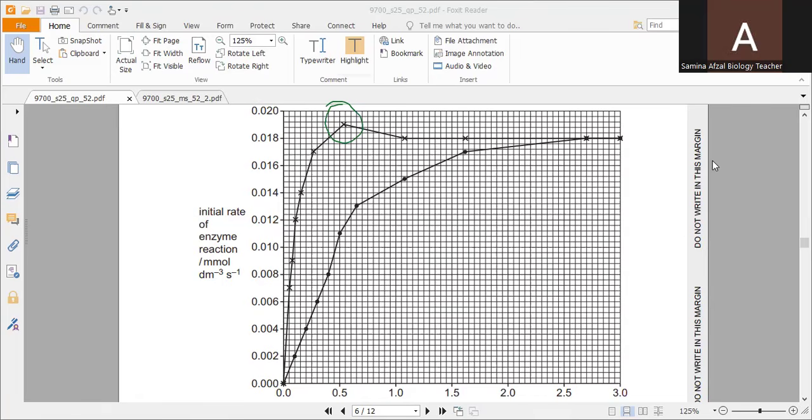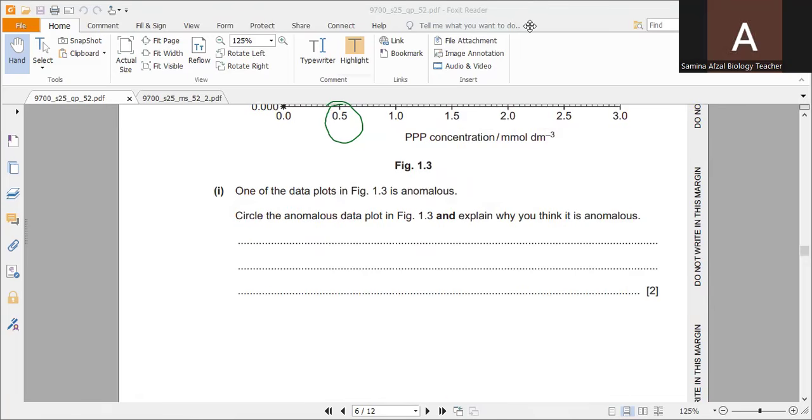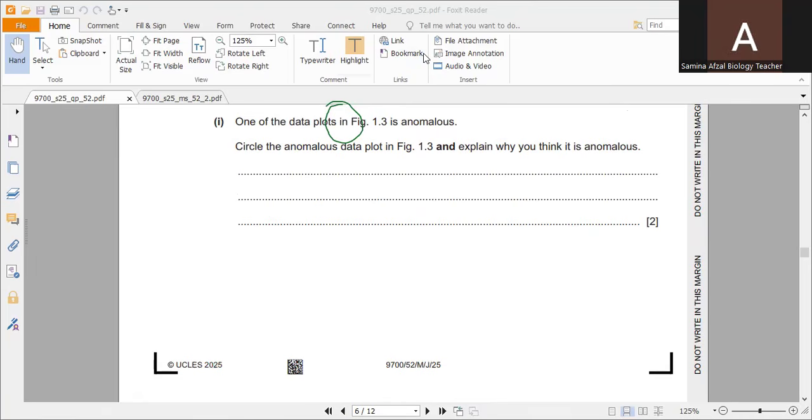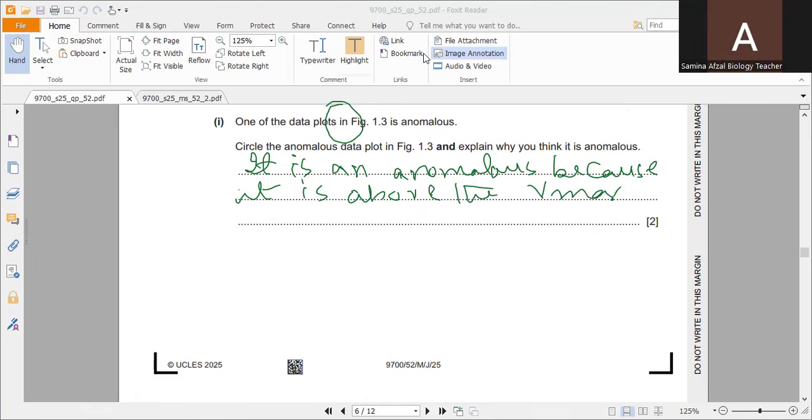This is above the V maximum, which is not a correct value. Moving towards the next question.